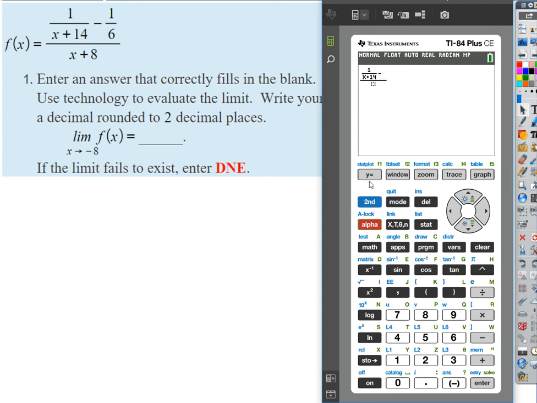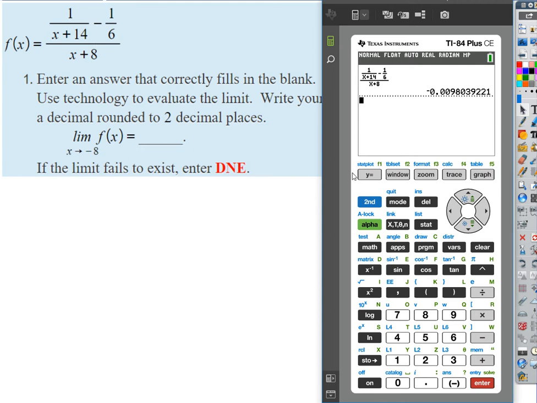Minus. So far so good? Everybody agree? That looks like that.